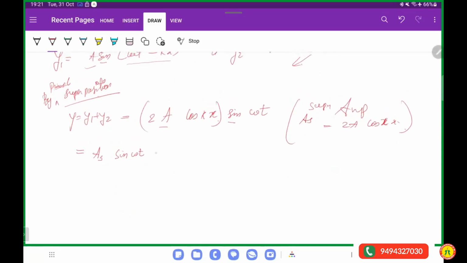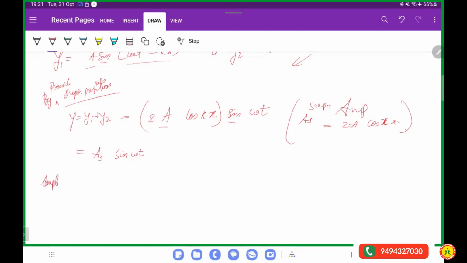Okay. So here there is no phase angle. Sin omega t plus or minus nothing is here. That means it is zero. What it shows, this A_s is totally depending on that value.